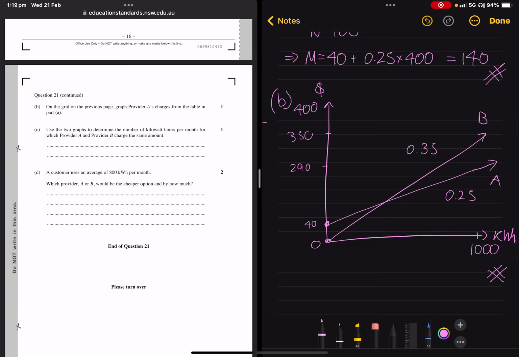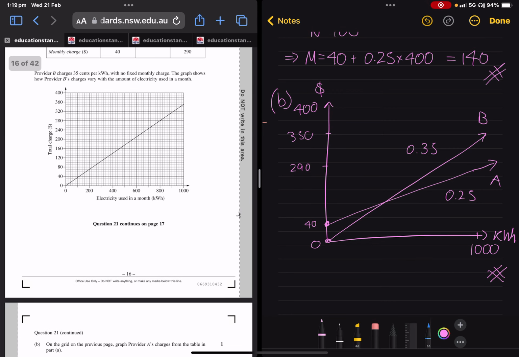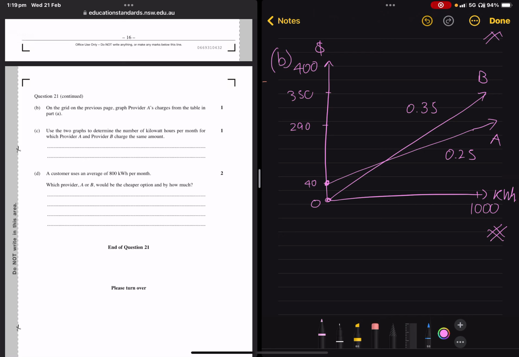Part C, use the two graphs to determine the number of kilowatt hours per month for which provider A and provider B charge the same amount. Okay, so when we graph this, on the graph I have on the page, we've got to be a little careful of the scale. It's only going to give us an approximate number. This is going to be somewhere in the order of about 400.